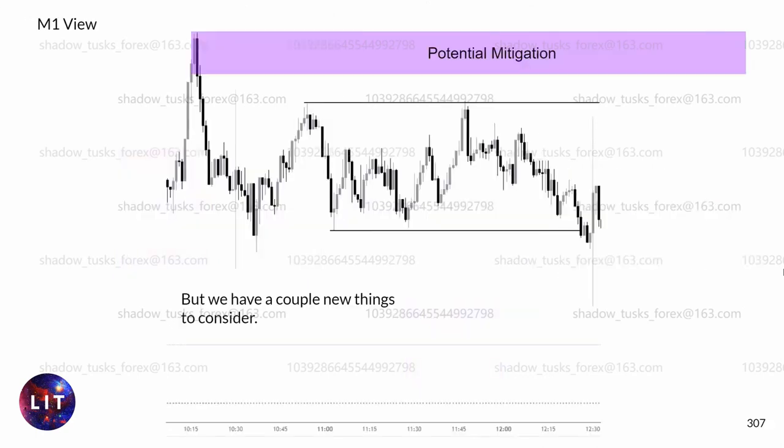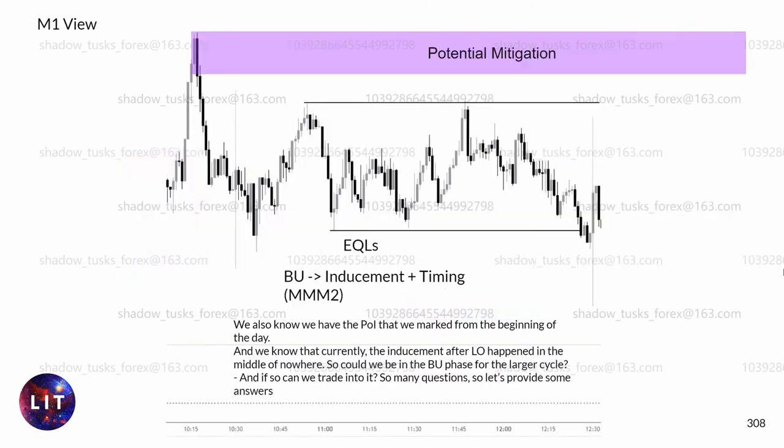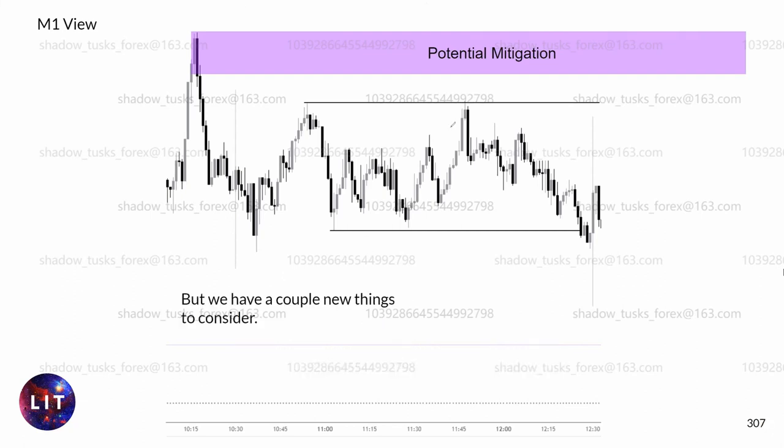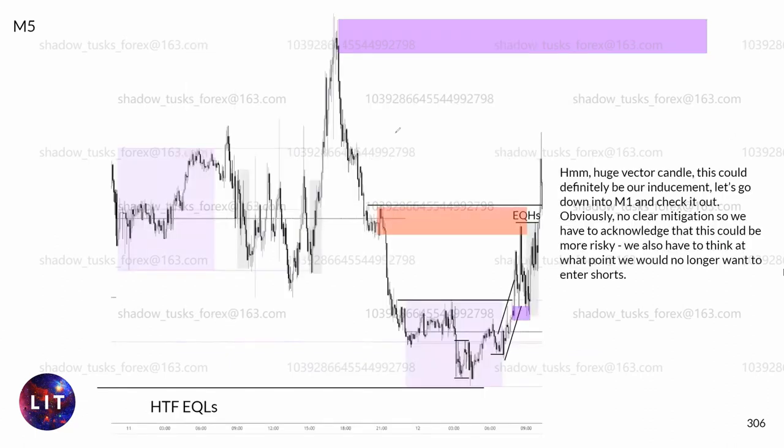We also know that the inducement that happened after LO has happened in the middle of nowhere. If we just go back again, it hasn't come into anything on the left. That doesn't mean that it can't work, of course. That just means we have to be a little bit more wary of it. It's not the ideal scenario, right?